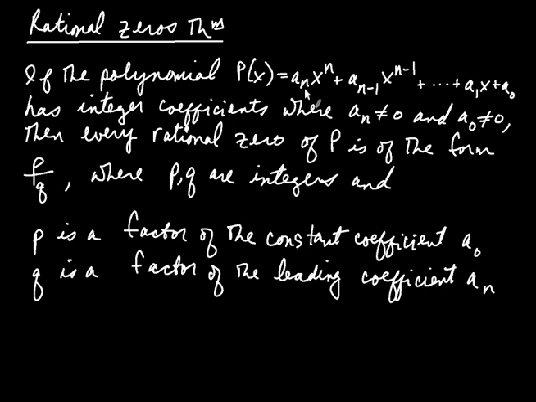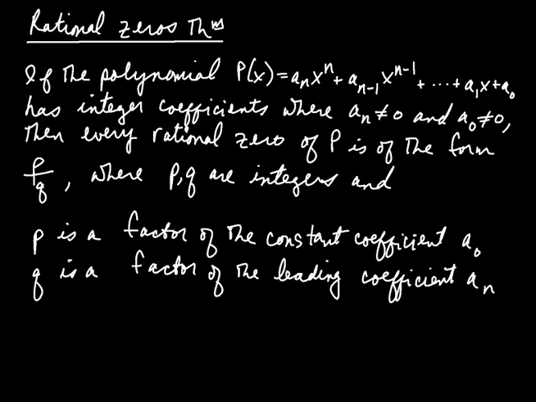So basically you test all the factors of the constant coefficient divided by all the factors of the leading coefficient, and you see if they are zeros of your polynomial. This theorem doesn't say that they all are zeros. It says that your zeros will be included in that. You test them, and whichever ones are zeros, there you go. It says where to find them, but you still have to look for them.